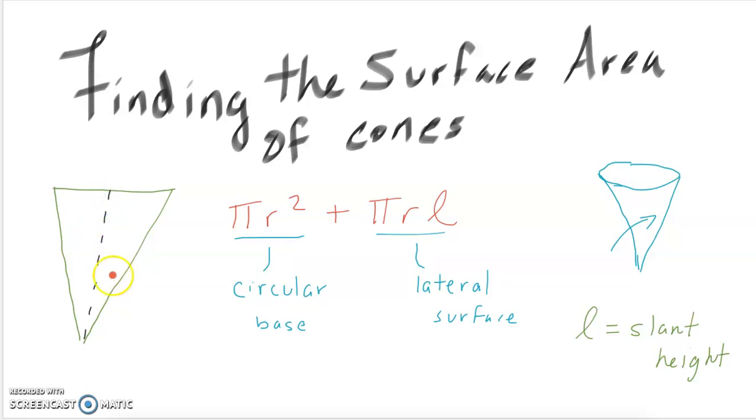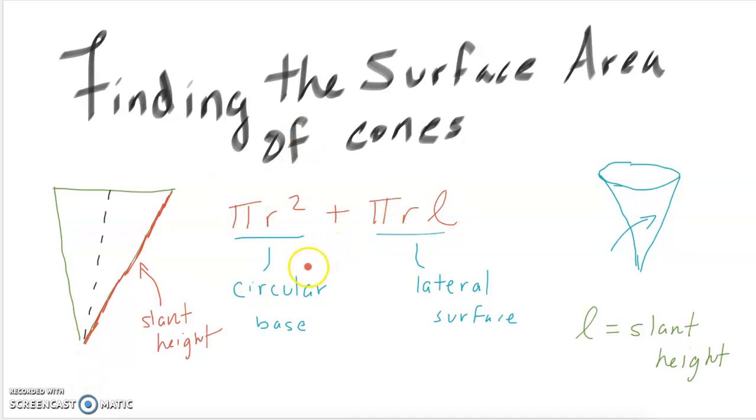But the slant height is this distance right here from the vertex going up to the edge of the circle. This is considered the slant height. So obviously the height goes straight up and down, but the slant height goes up on a slant. All right, so again, here's the formula.